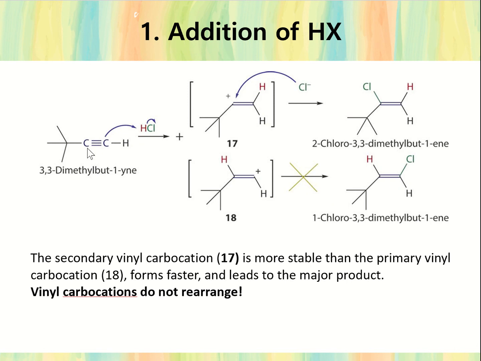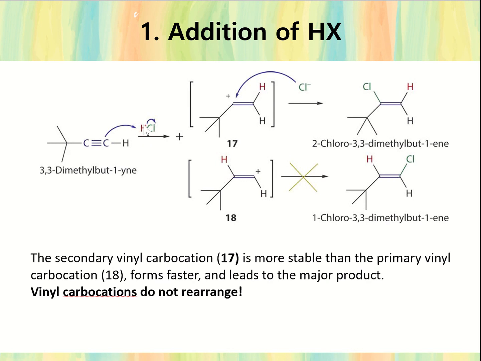So the alkyne that we just looked at was actually symmetrical, so it didn't really matter which carbon the plus charge ended up on. However, let's look at this example where the alkyne is not symmetrical.